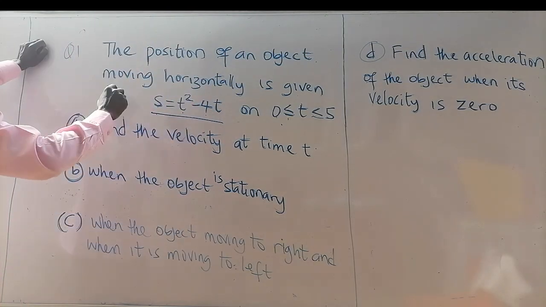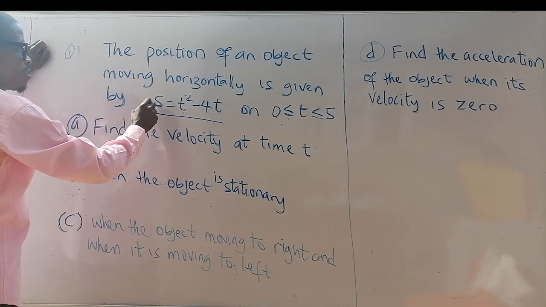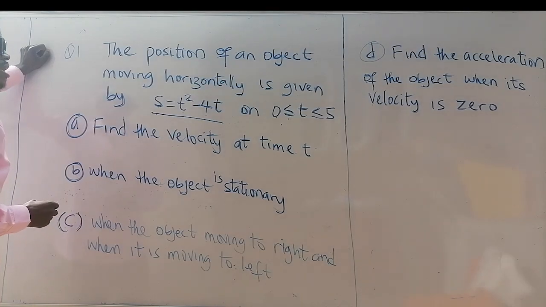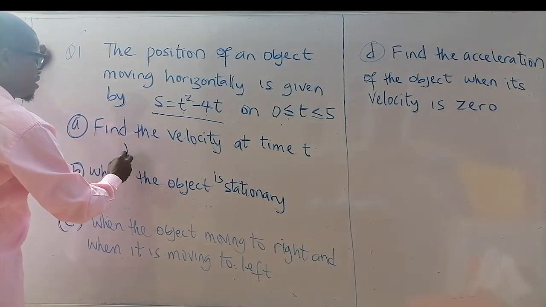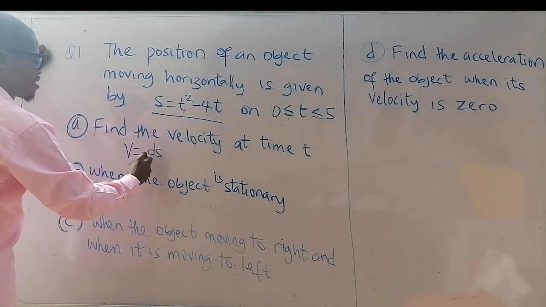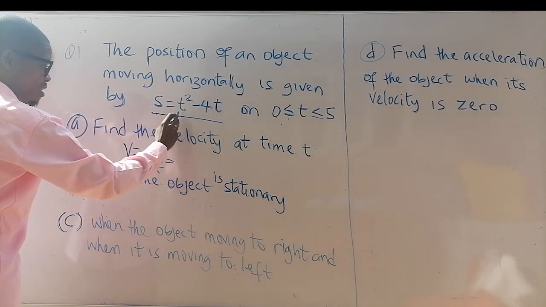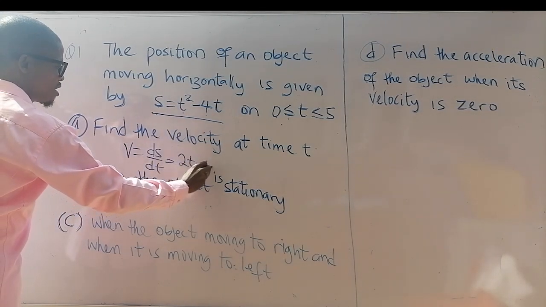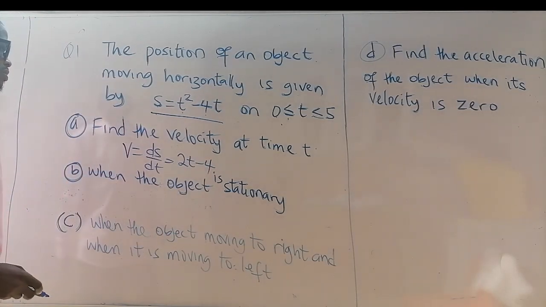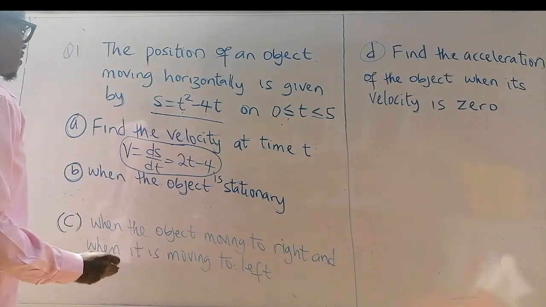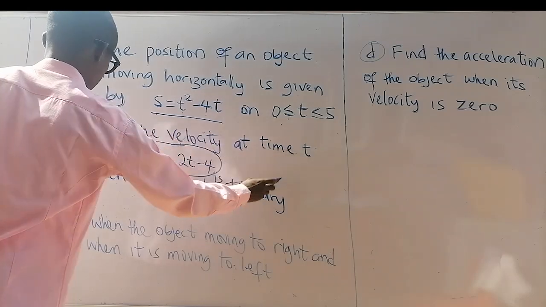The velocity is what you get when you differentiate your position with respect to t. So velocity is equal to dx/dt, and if you differentiate this, that will be 2t - 4. So that's your velocity at time t.